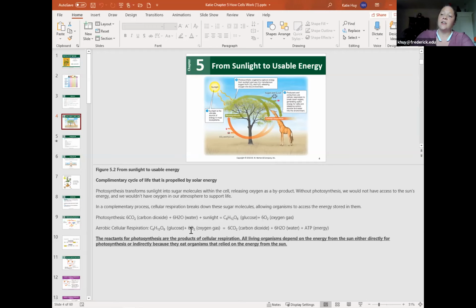So if we come down here, exactly what our products are with photosynthesis is what cellular respiration needs for that process to work. So cellular respiration has glucose and oxygen as its reactants and goes through that chemical reaction, and our products are CO2 and H2O, so carbon dioxide, water, and energy, where if you go right back around, that's exactly what we're talking about.